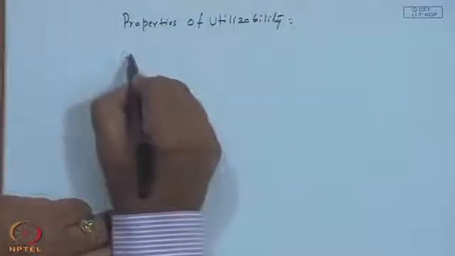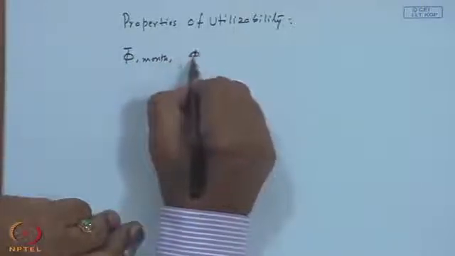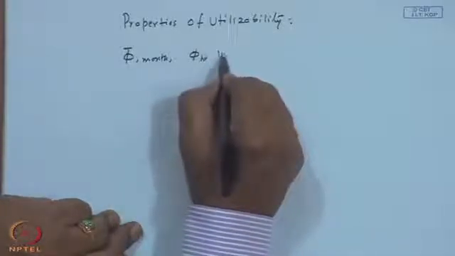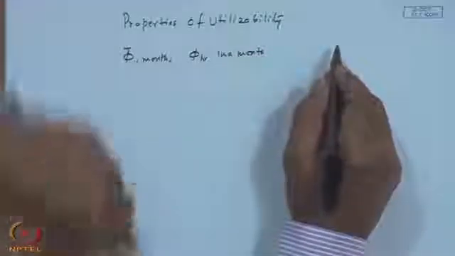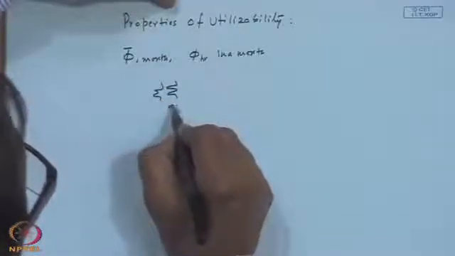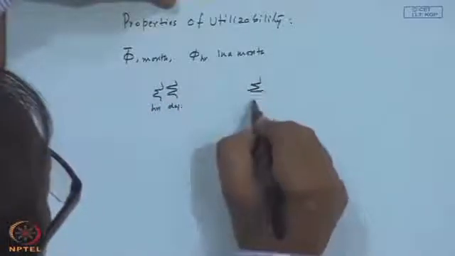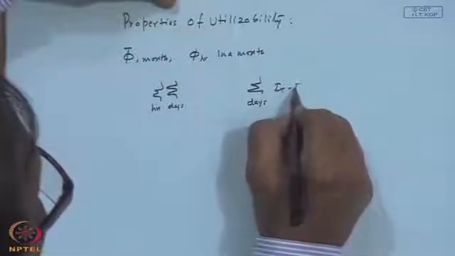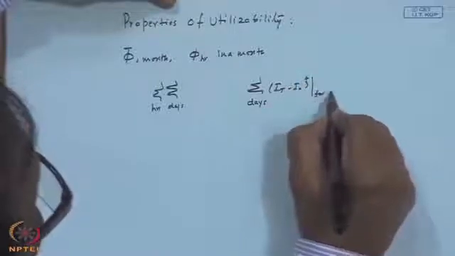I can define this phi bar for the month, I can define a phi bar for the hour in a month, and of course, as I have explained, for the day also. So, this is in terms of summation over the days and hours. This will be summation over days of I t minus I c, plus, for a particular hour.